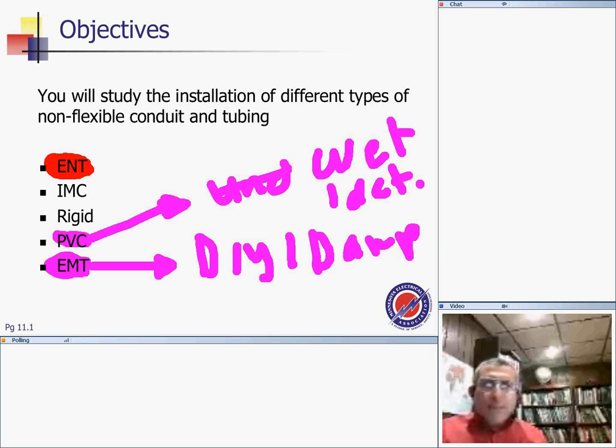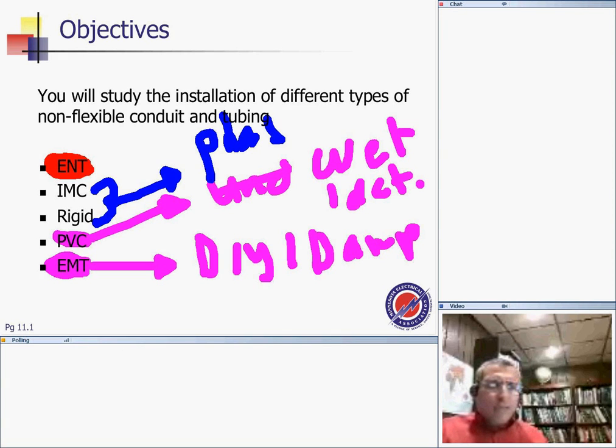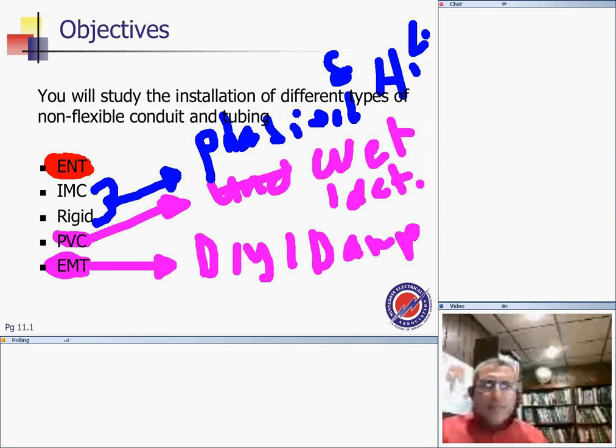Feel free to inject your opinion here. These two conduits, IMC and rigid, you really don't want to use them unless you need physical protection, severe physical protection, and hazardous location.